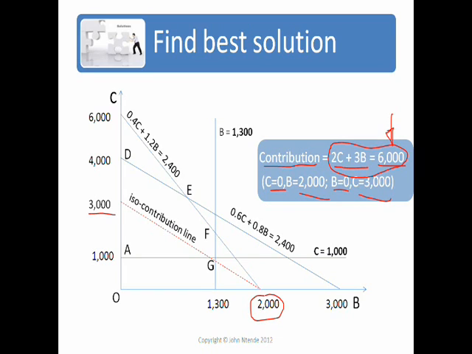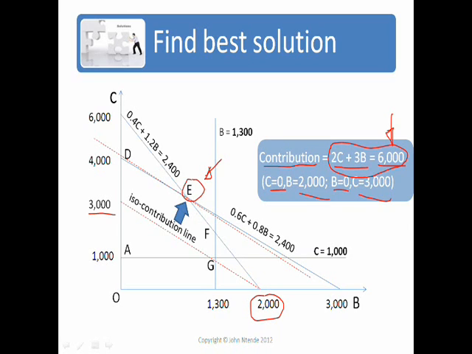Now to find our best solution, the optimal solution, we shift this line upwards. And the last point it touches within our feasible region is the optimum point. In this case, the last point this line touches is the point E. So this point here, point E, is the optimal solution.